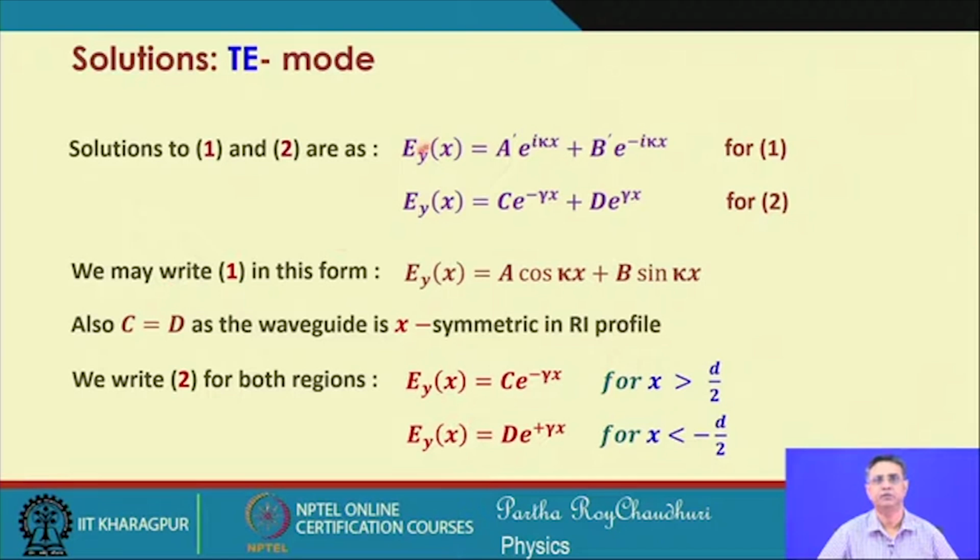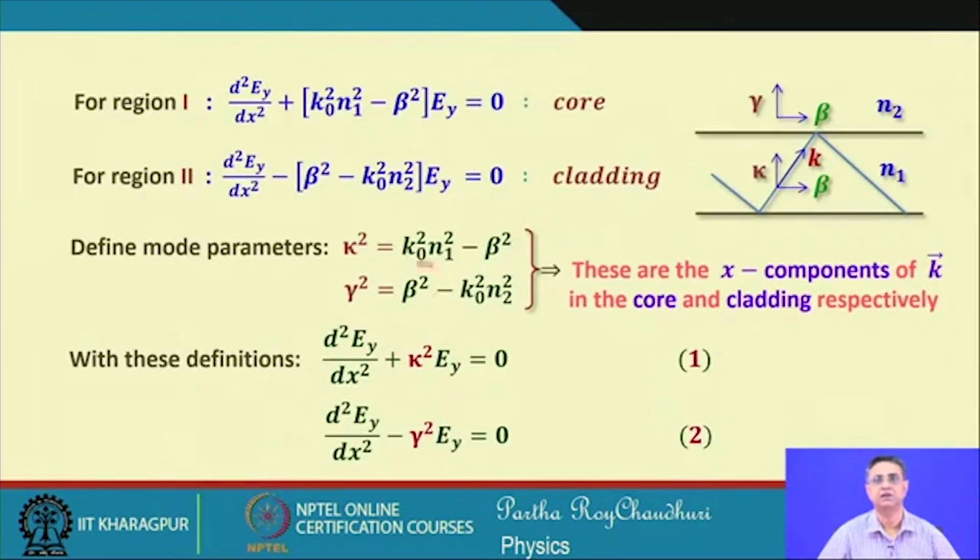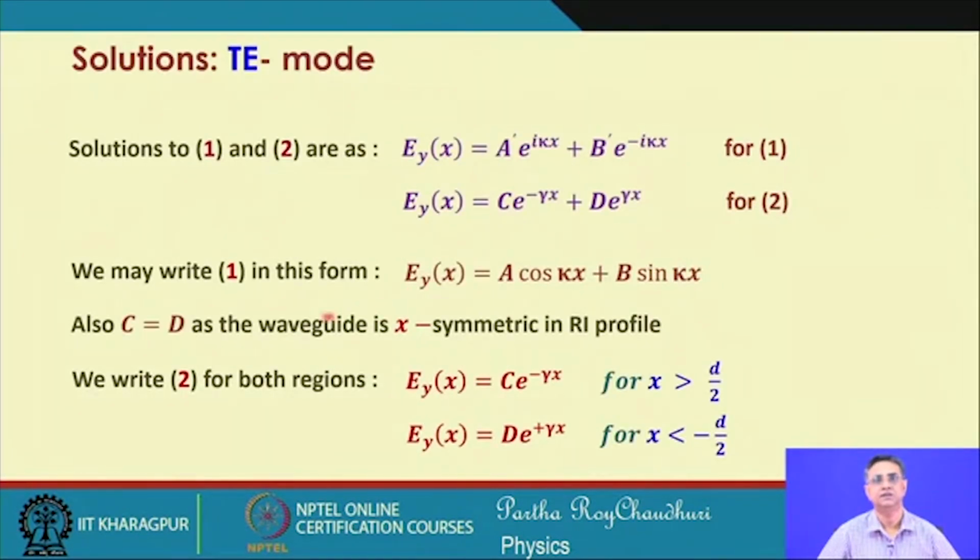So, we may write equation 1 in the sine cosine form. This a dash e to the power of i kappa x plus b dash e to the power of minus i kappa x can be simply written in this form, a cosine kappa x plus b sine kappa x. Now, because of the symmetric nature of the waveguide, because this side and this side are identical, both of them will be treated with the same constant.